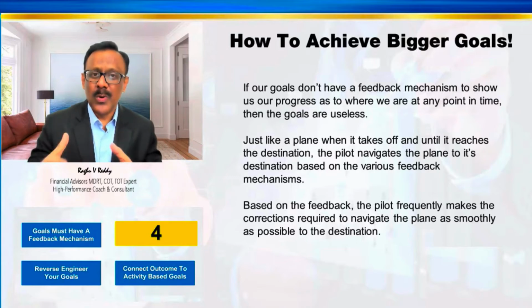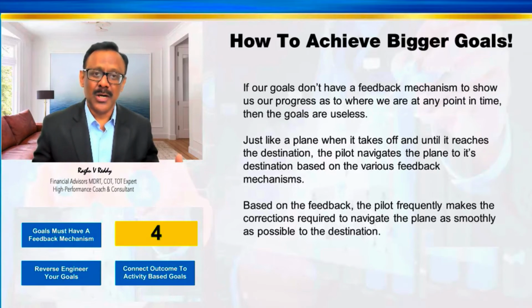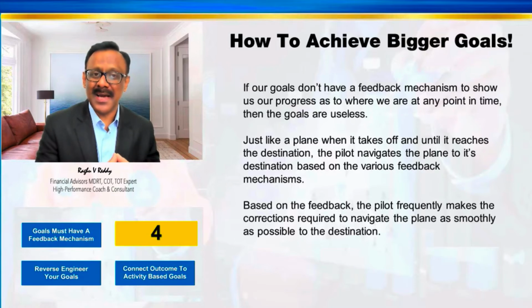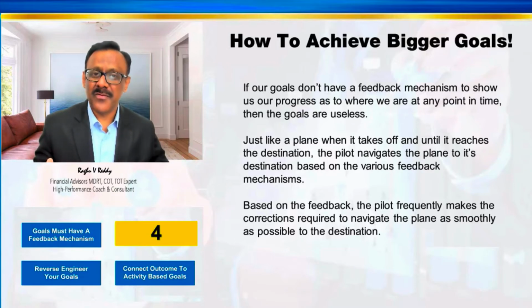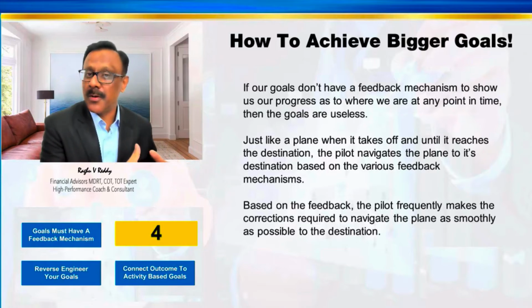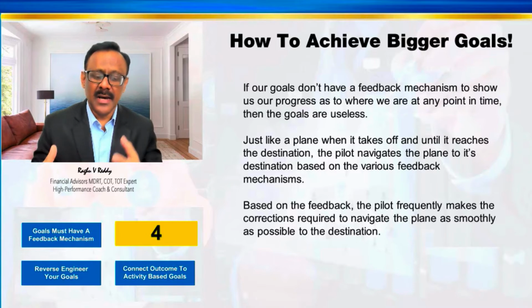And once we are able to set up a system to track the progress, it will give us an opportunity to take corrective action every single day and not waste our time, only to find out at the end of the week or end of the month that we haven't achieved our goals. So a feedback mechanism every single day will give us an opportunity to take corrective action every day.